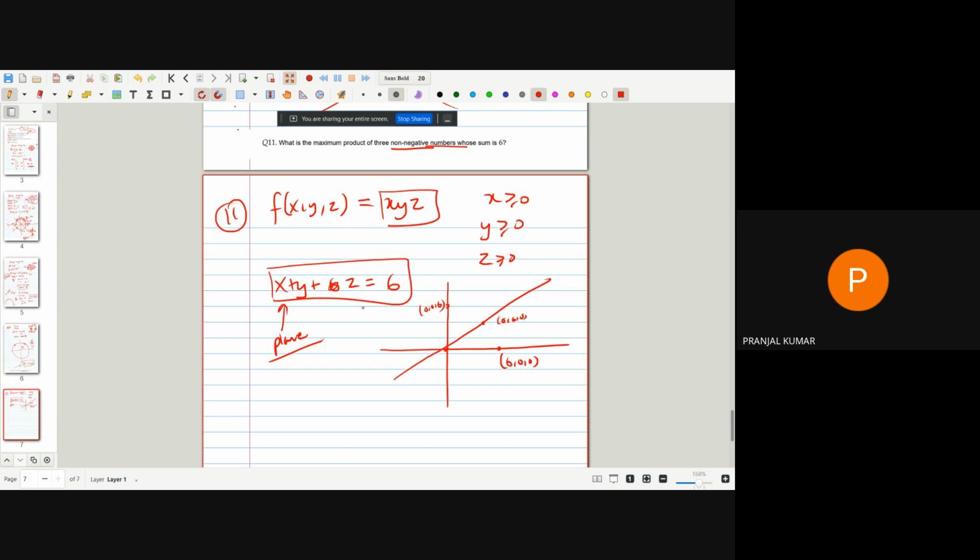So basically this is a function in three variables. This three-dimensional region is some sort of pyramid, basically like this.